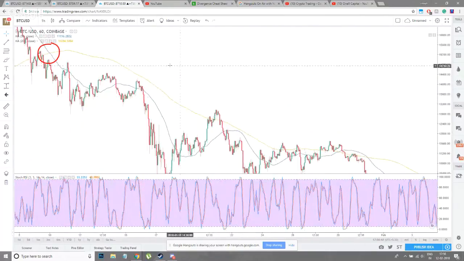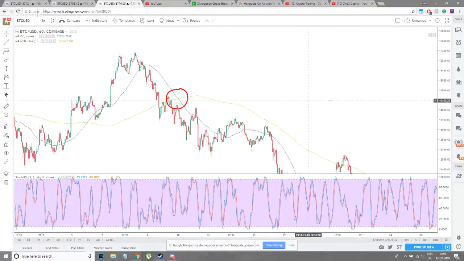In the case where the price is the same and stays the same for a long time, all moving averages are supposed to converge. But because the price changes so frequently, the faster moving average oscillates faster, right? So in this particular case, the 50-hour moving average crossed below the 200-hour moving average, right?